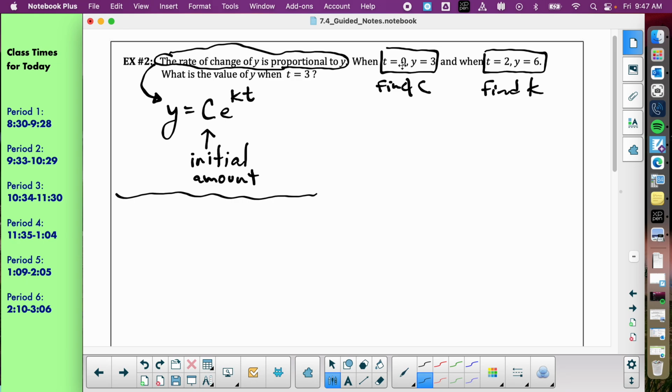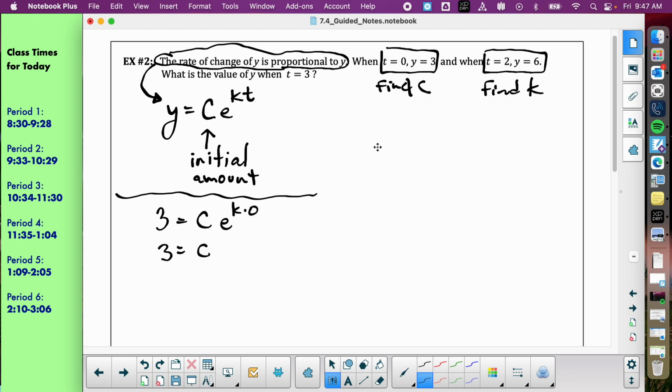So if I plug in 0, 3, I'm going to have 3 equals c e to the k times 0. That's easy for us because e to the 0 is 1. And so immediately c is that answer, which is the initial amount. Sometimes they will call it the initial amount and not tell you a time, so it's like a point in disguise.